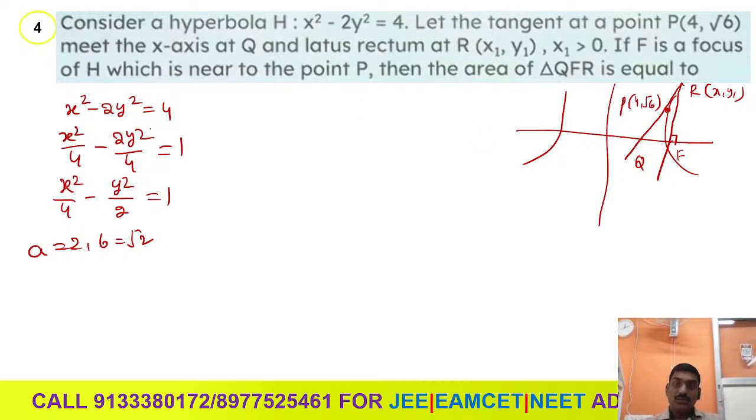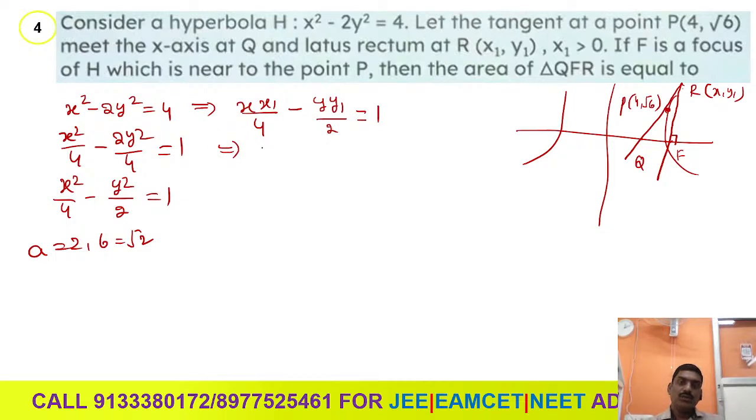Right? So the point is given here. When the point is given, the equation of tangent is x1 divided by 4 minus y1 divided by 2 times y, which is equal to 1.